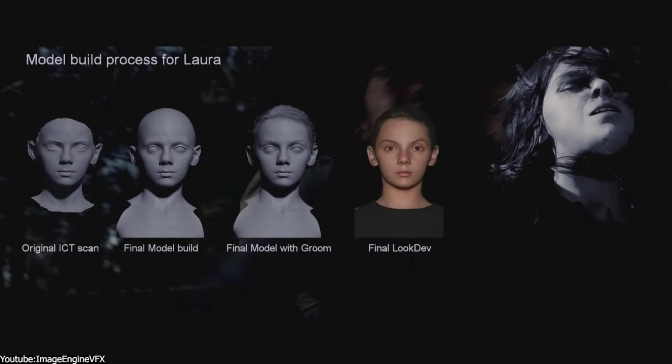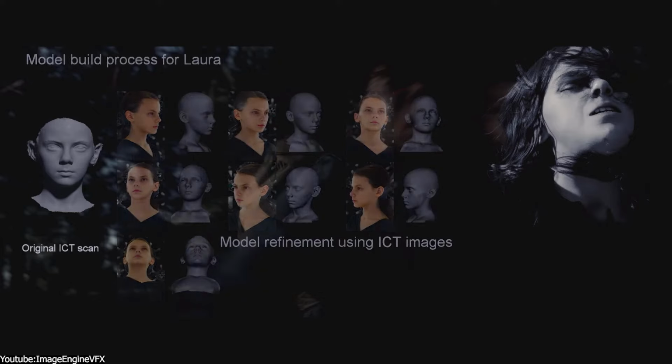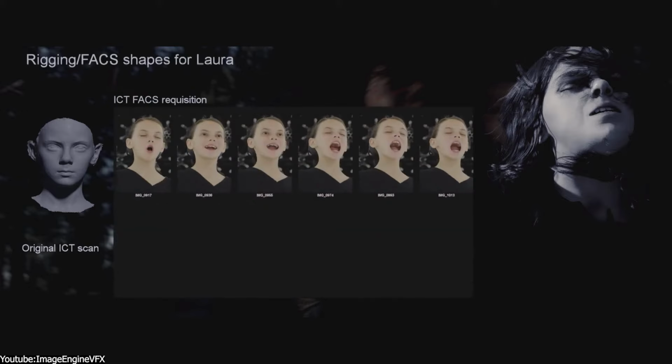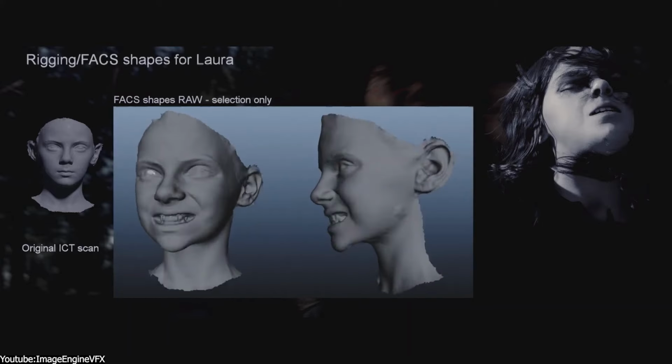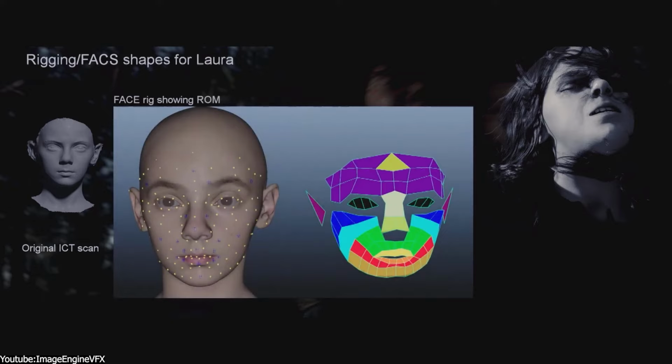On modern productions, you will often see a dedicated scanning unit. Their job is to capture anything that might need a digital version later. This can mean drone and ground photogrammetry of a location from every angle, or photographing entire sets after they have been dressed so they can be reconstructed if reshoots or extensions are needed later.